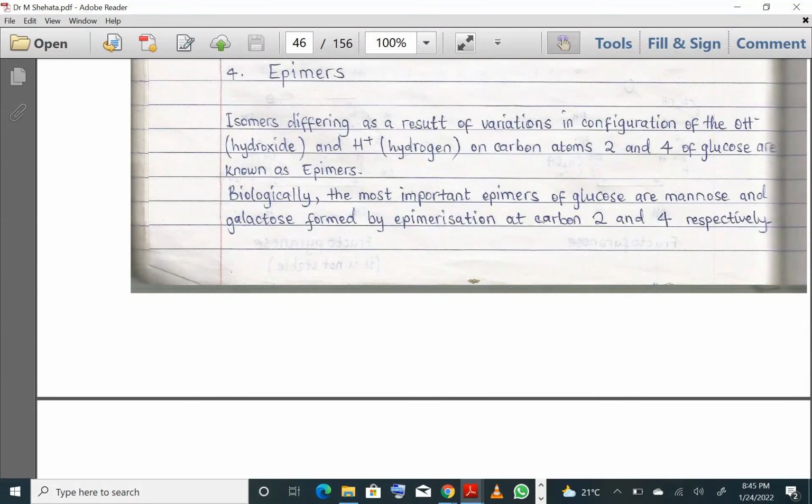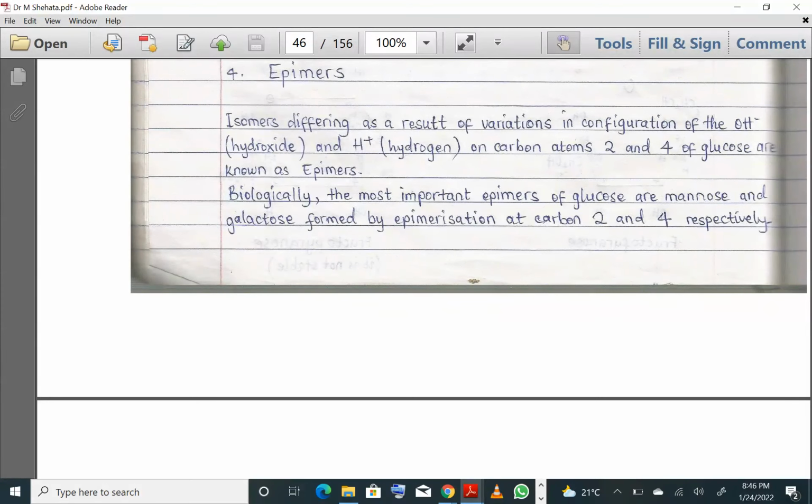What epimerization basically is: these are isomers which differ as a result of variations in configuration of the hydroxyl and hydrogen on carbon atoms 2 and 4 of glucose. If isomers differ because of differences in the arrangement of the hydroxyl group or the hydrogen atoms on carbon 2 and carbon 4 of glucose, these are known as epimers.